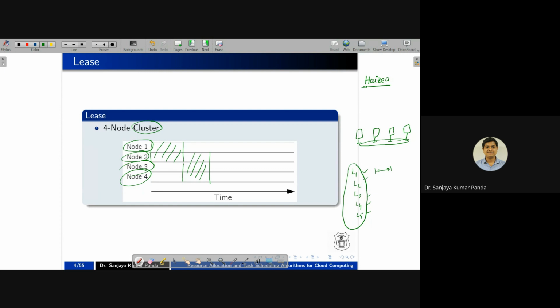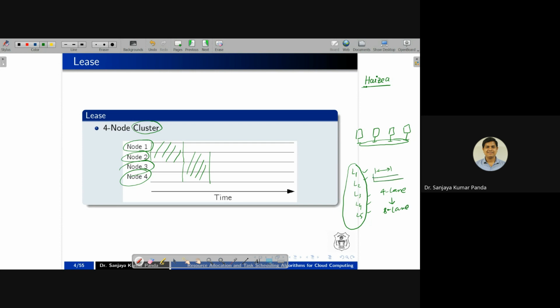But these leases can be submitted in various modes. Modes means various priorities. Some leases may have more priority, some leases less priority. Let's say in construction, if we feel that a 4 lane road can be extended to an 8 lane road, and there is construction of a bridge.